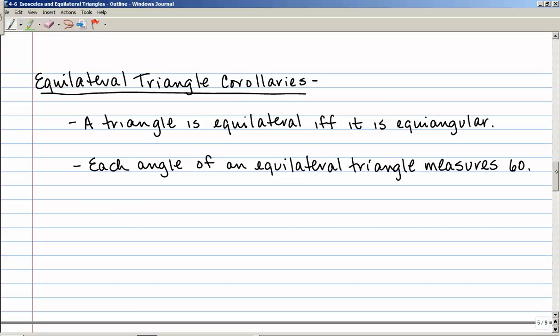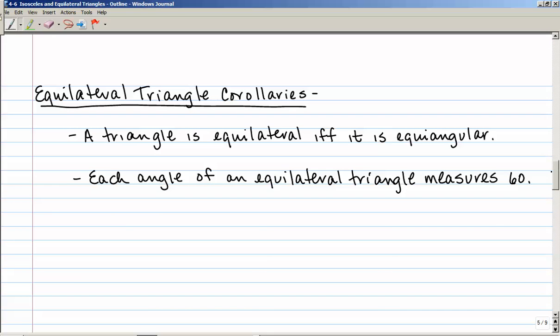Now, following from the isosceles triangle theorem and its converse, there's a couple corollaries, or little things that logically follow, regarding equilateral triangles. So a triangle is equilateral, remember, that means all 3 sides equal, if and only if it is equiangular. Okay?